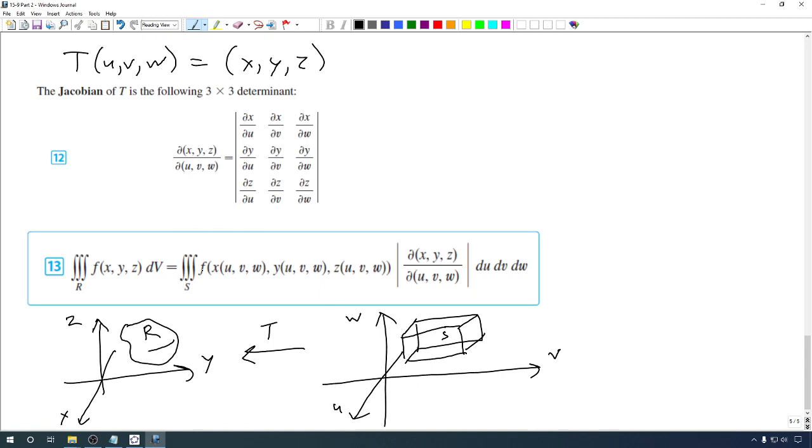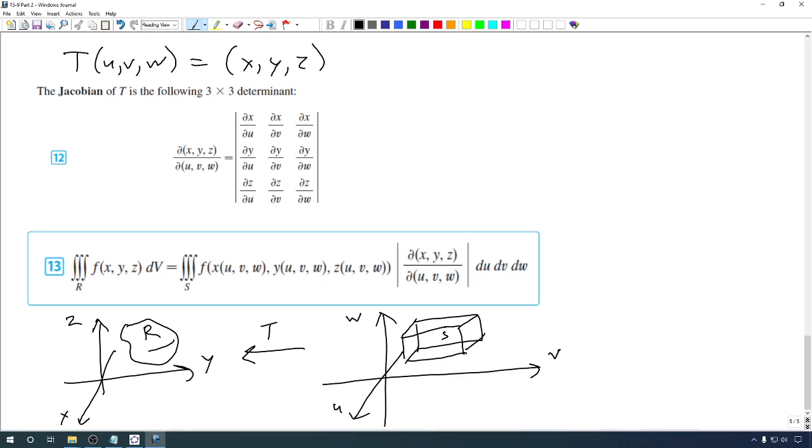We just plug in our formulas for X, Y, and Z in terms of U, V, and W into the X, Y, and Z. We multiply it by the absolute value of our Jacobian, whatever the value of this thing is, and we just use du, dv, dw. So it's essentially the same formula. In fact, both the change of variables formulas for 2 and 3 variables were essentially the same kind of formula that we had for a function of one variable.